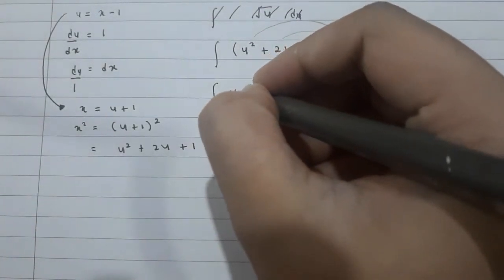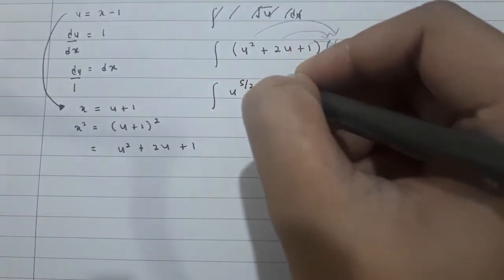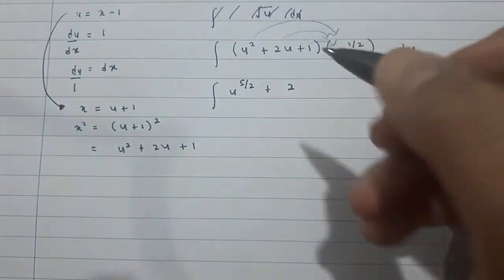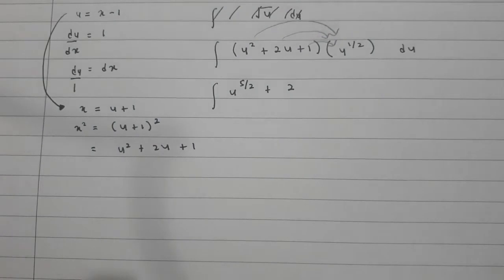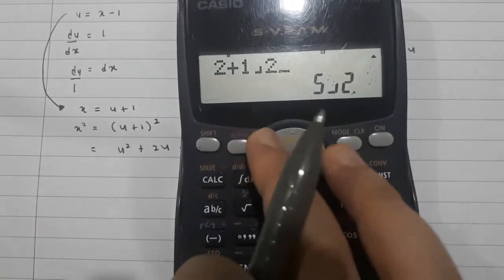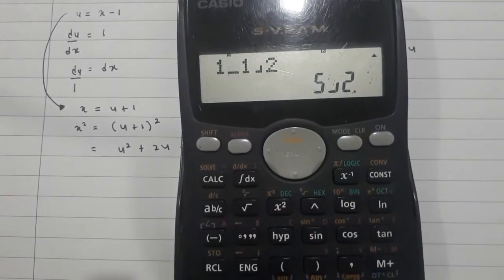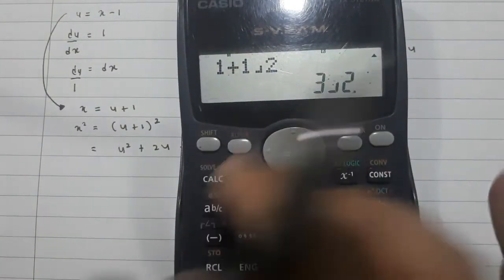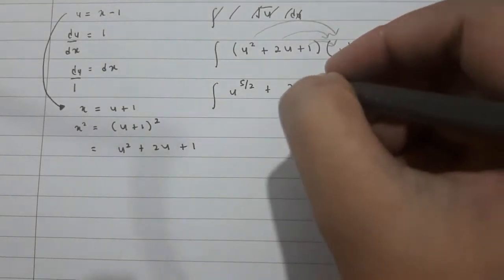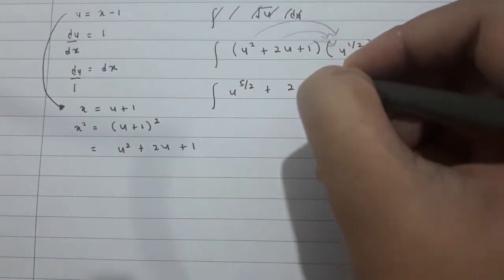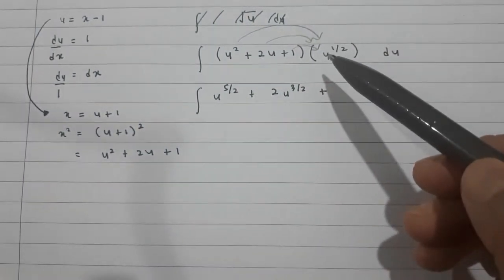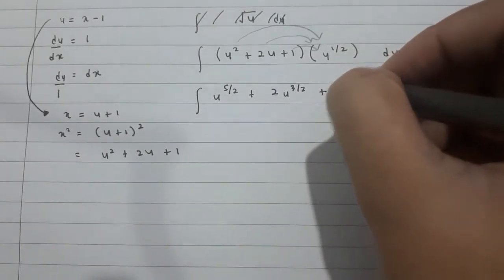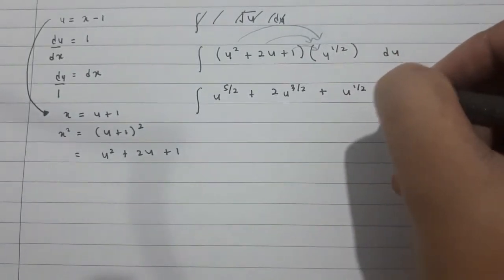So u power 5 over 2 plus 2u power 1 plus 1 over 2. Okay, 1 plus 1 over 2 is 3 over 2. And lastly, 1 multiplied by u power 1 over 2, u power 1 over 2 du.